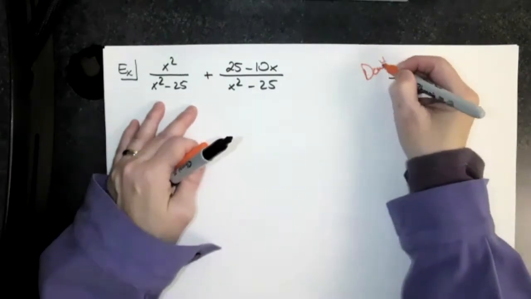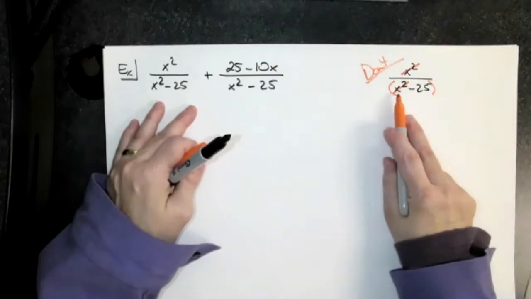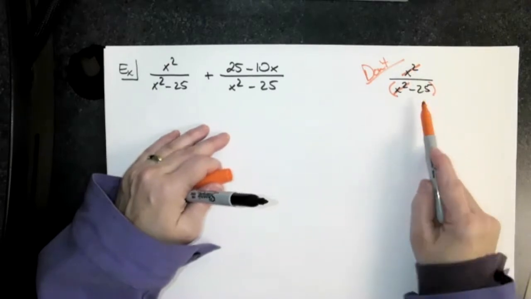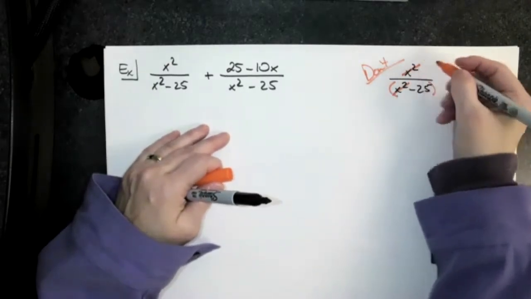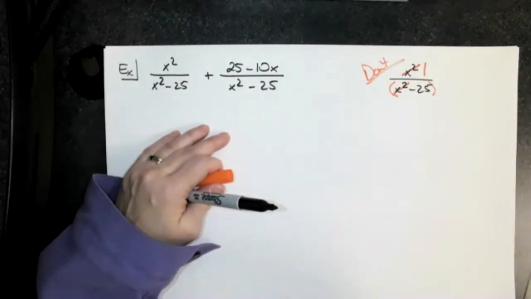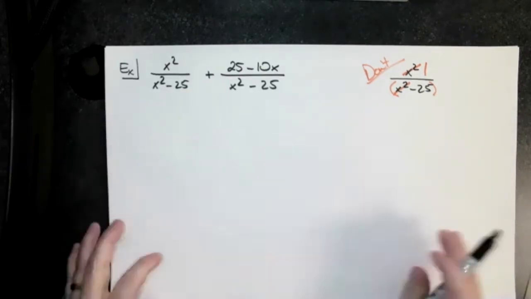This is a binomial. This is together, so I can't take this and cross it out with something in the top. I can't take this number and cross it out with something in the top. But this I see a lot. And then because they cross it out, they go, oh, well, I crossed it out, I'll just put a 1 up there in the top. People do that all the time, so we have to not do that.